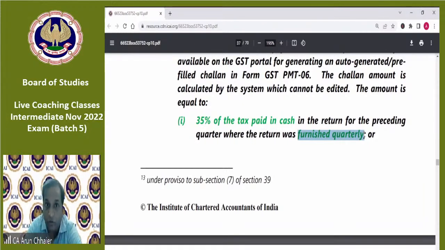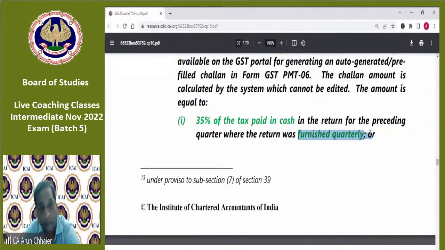July to September is what we are talking about currently, but go back to the previous one, it means April to June. For April to June, suppose you are already under the QRMP scheme, already furnishing quarterly. In that case, the liability for the quarterly GSTR 3B for the quarter ending June, how much liability you have paid in cash in the quarterly 3B, which quarter?